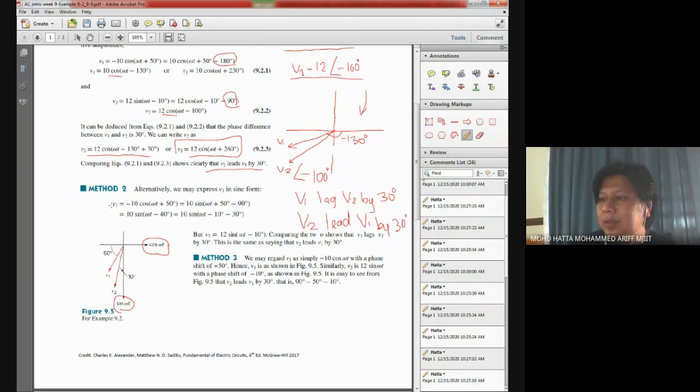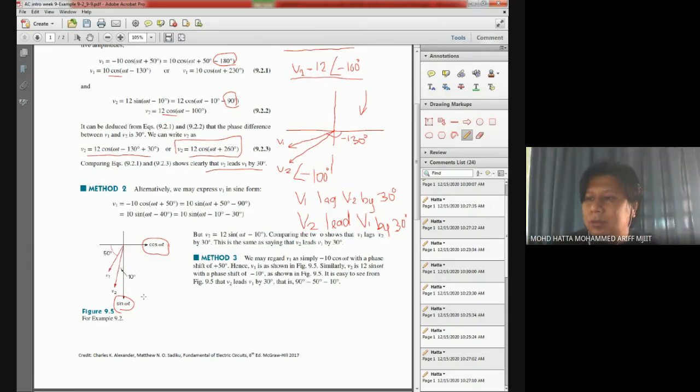I think this one is a bit difficult for me to understand, but it's always in your textbook if you try to really understand how to draw using this kind of arrangement. But from my experience, I think this kind of phasor diagram is easier for me to understand.